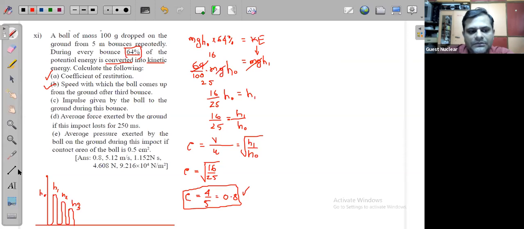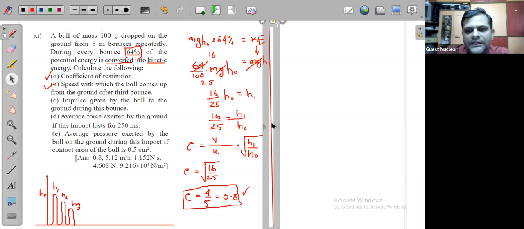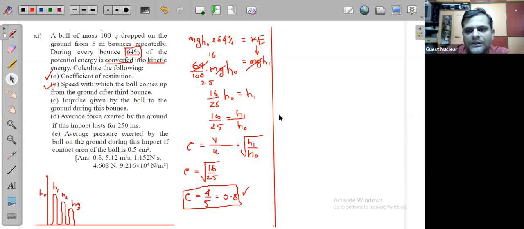If you recall the formula for the speed attained by the ball after nth bounce, after the nth collision, it is given by vn equals e raised to n into v naught, correct? And v naught means the initial speed with which the ball strikes the ground. Now that is to be found out here.